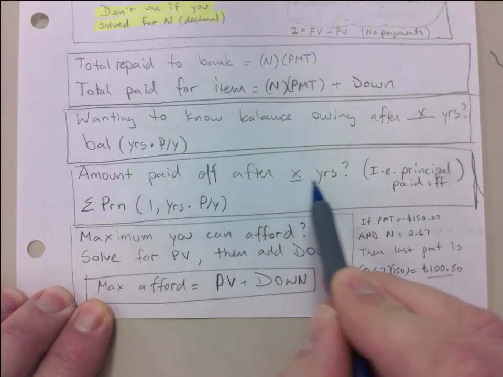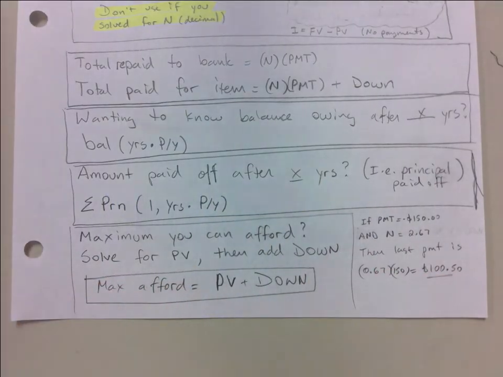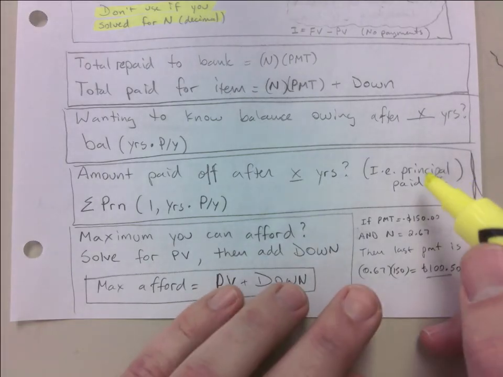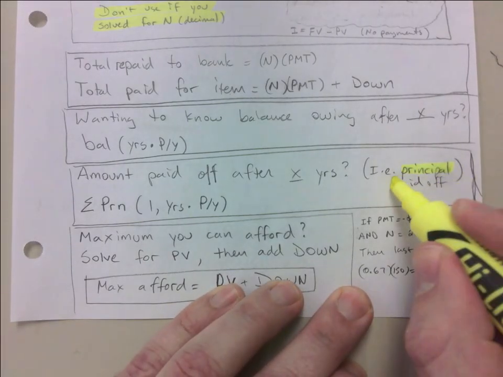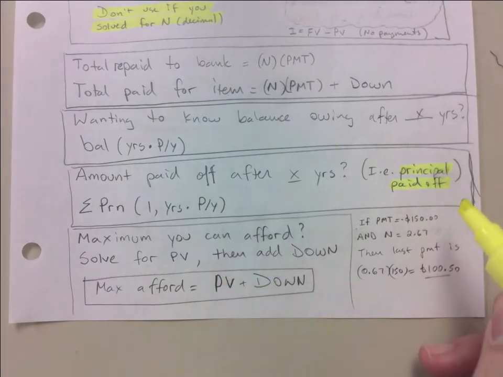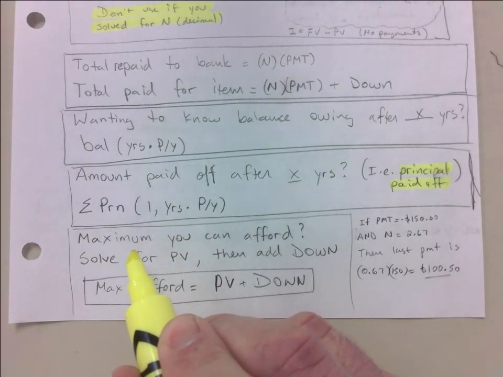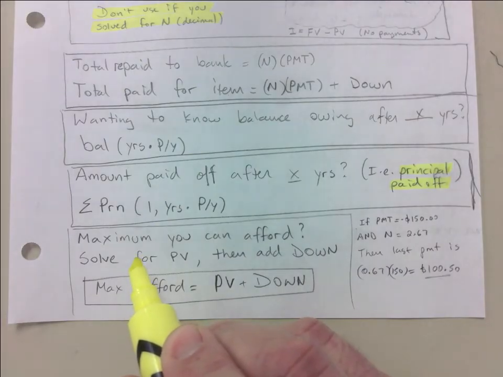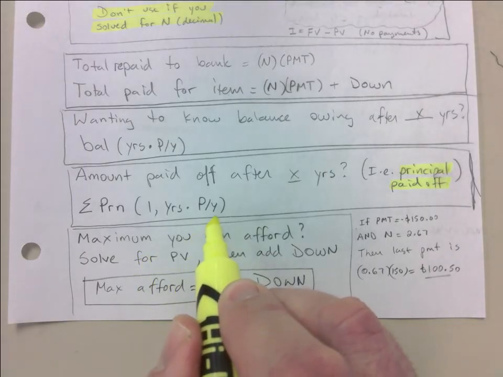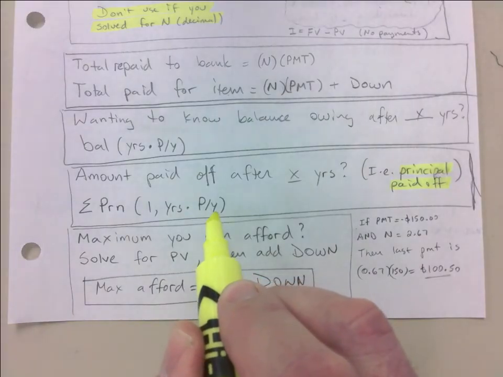Amount paid off after X number of years, this is important. Listen carefully: this tells you how much of your payments actually went towards paying off what you owe, because not the entire payment goes towards paying off your loan. Most of it, but not all of it.